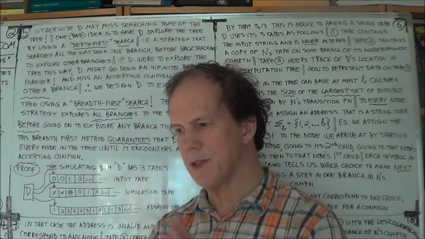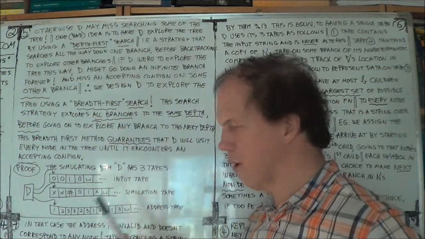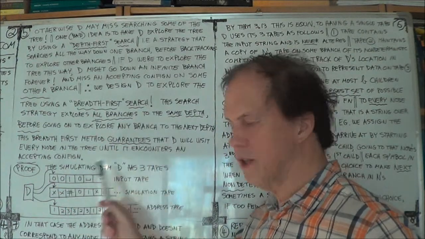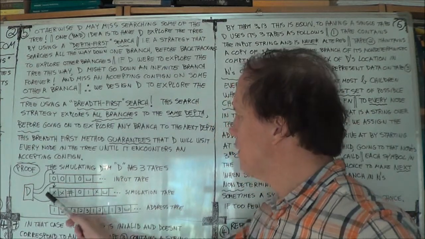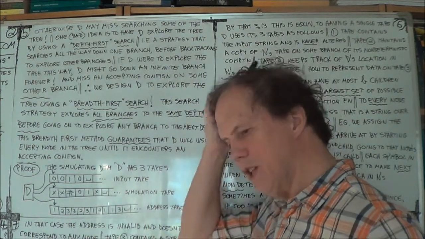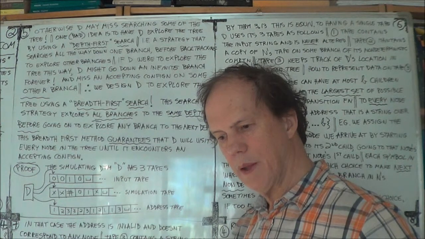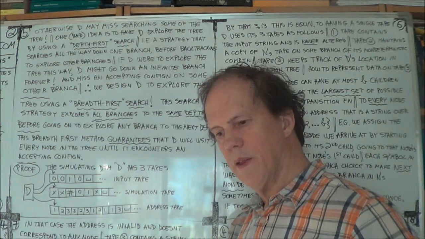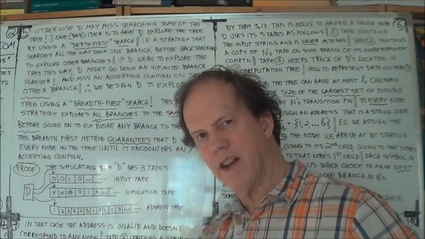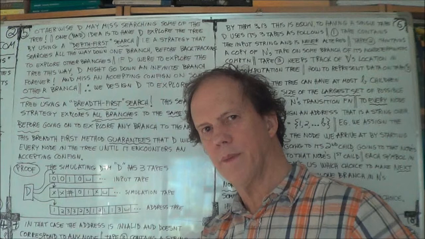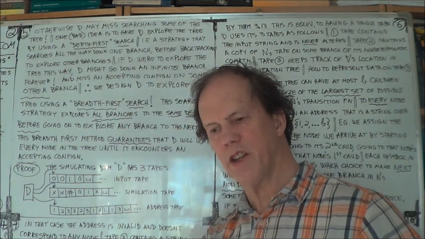All right. So now let me summarize what the three tapes are about. The first tape doesn't change. It contains the initial input string. Simple. The second tape contains the configuration at a particular node in the tree.